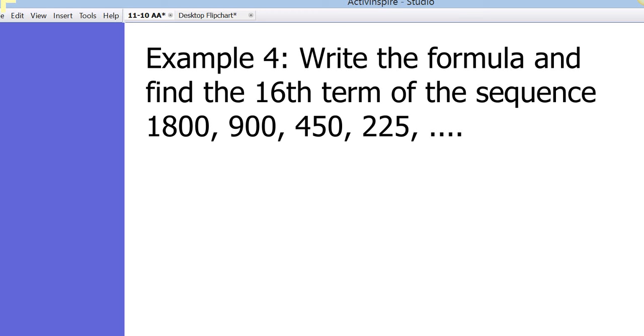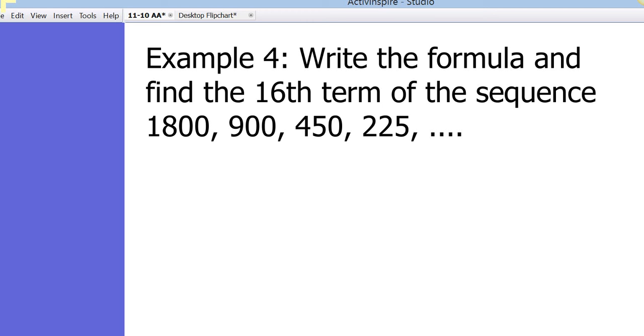Okay, so our formula, a sub n is equal to, what do I put first? 1800. Why? First term. What do I put in my parentheses? 0.5 caret to the n minus 1.